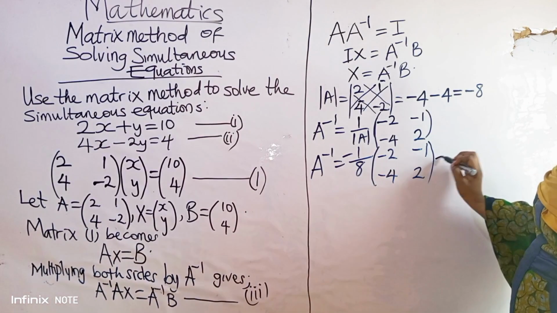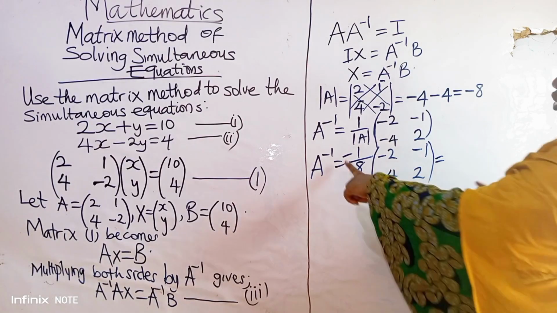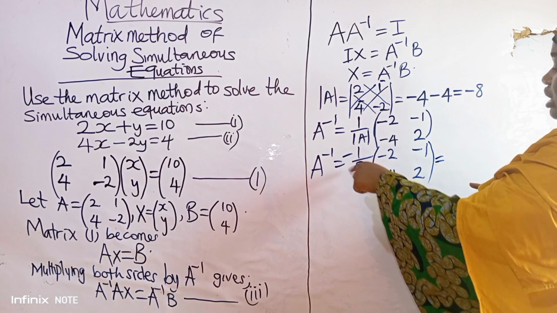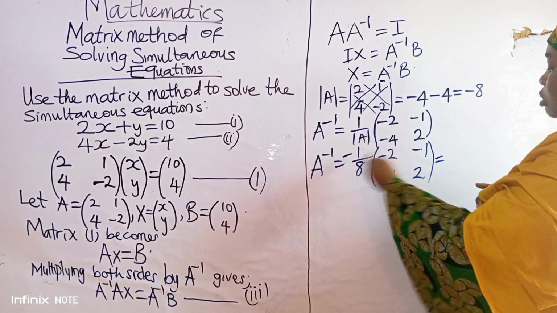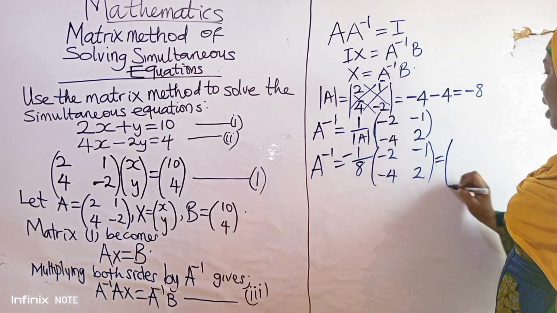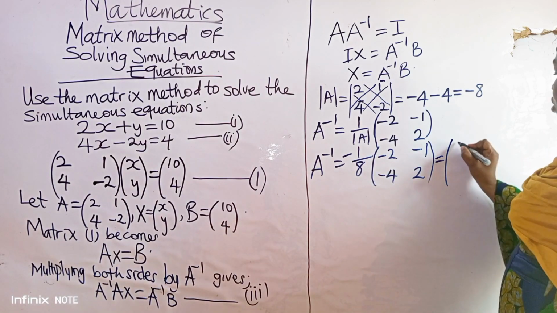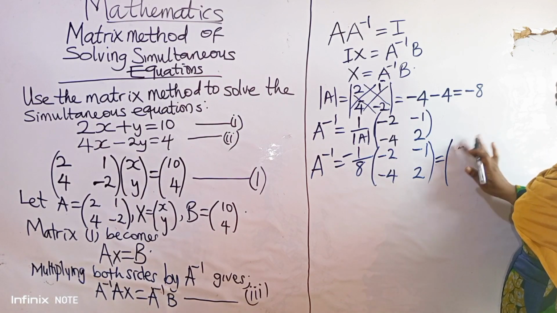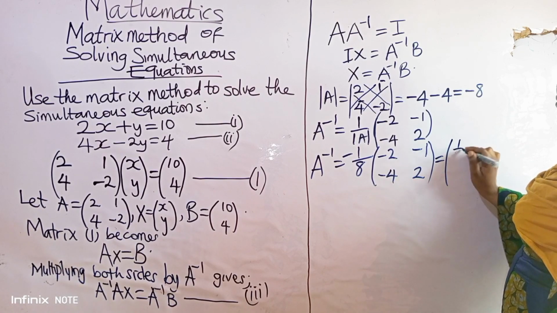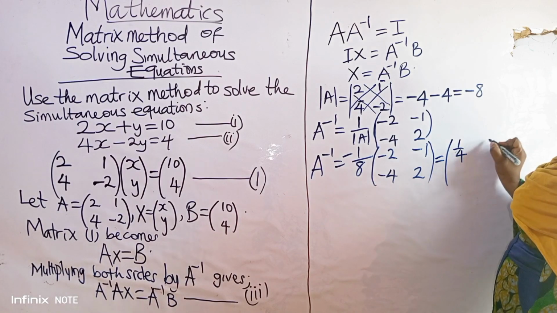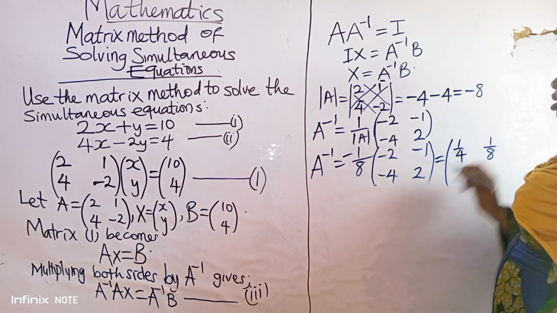So I can now multiply. This one serves as a scalar, so I use it to multiply everything inside. Minus 1 over 8 multiplied by minus 2 gives me 2 over 8, which is equal to 1 over 4. Minus 1 over 8 multiplied by minus 1 gives me 1 over 8.